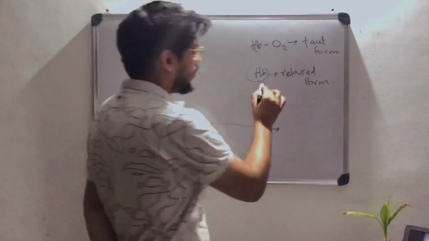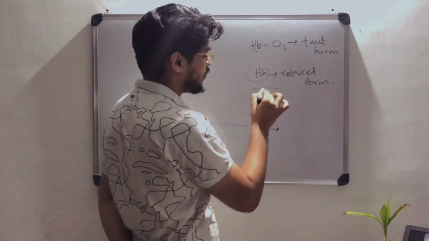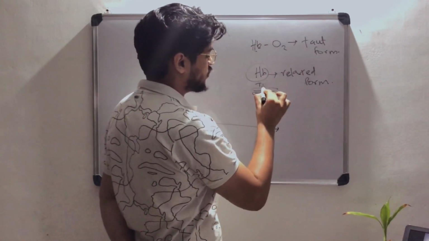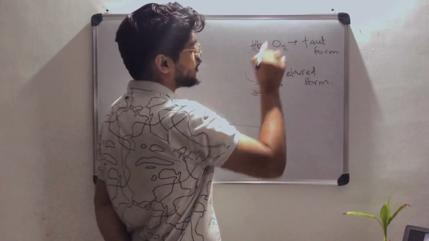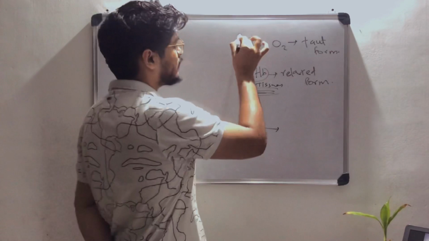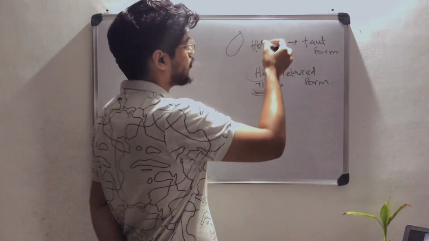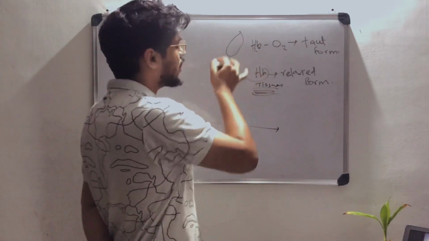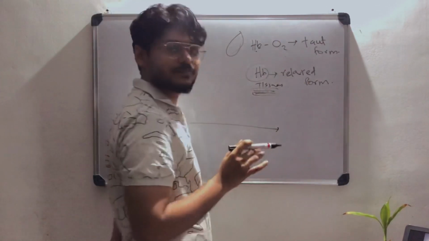So oxygen release and the relaxed form of hemoglobin are seen in tissues. And where do we find hemoglobin associated with oxygen? We find it in the lungs, right? Because oxygen is plentiful and hemoglobin binds with oxygen and comes to tissues, releases it and becomes relaxed.